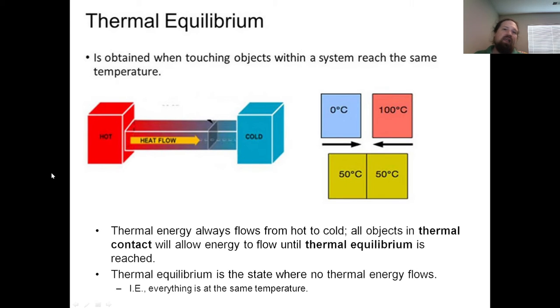If something is relatively the same temperature as you, then the energy's not going to move all that fast. Whereas if I touch dry ice, which is extremely cold, thermal energy will exit my hand incredibly fast, and that will create the sensation of very, very cold. Same thing if I was to touch, don't recommend this, red hot metal, a lot of thermal energy would enter my hand very quickly, and that would feel very hot.